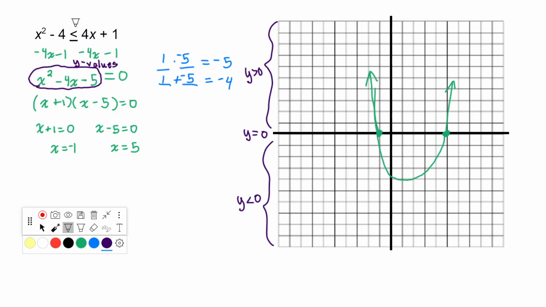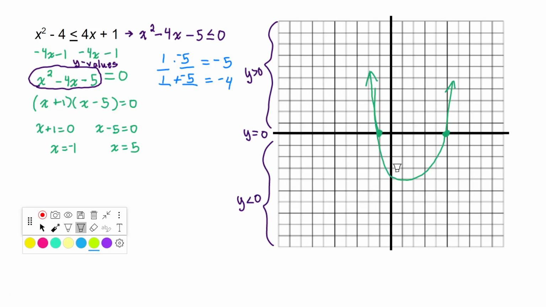We're looking for y values that will be less than 0. So the equivalent of this trinomial, when I moved everything over, was x squared minus 4x minus 5. The inequality stayed less than or equal to 0. So I'm looking for y values on my graph that are less than 0.